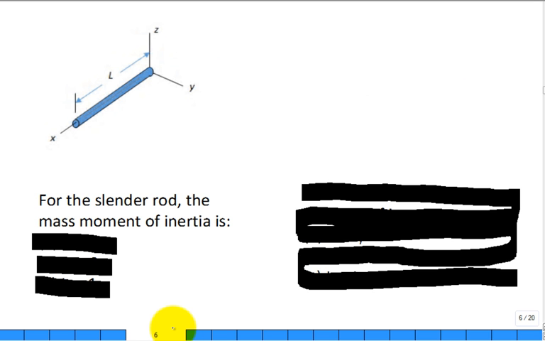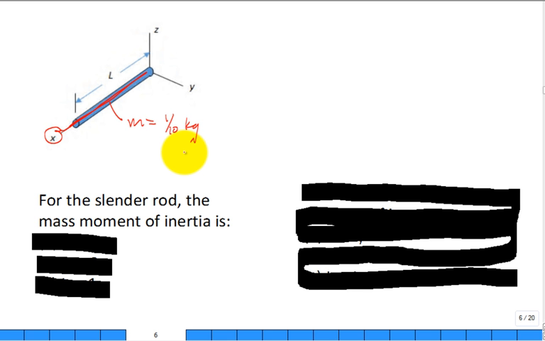All right. For the slender rod, here's a depiction of the slender rod. Can you see what axis the rod is aligned with? What axis is that? The x-axis, true? So we had this slender rod. I didn't give a mass to it. Maybe I say the mass is 1/10 of a kilogram. So there you go. It's 1/10 of a kilogram for that slender rod. And we don't know how long it is.